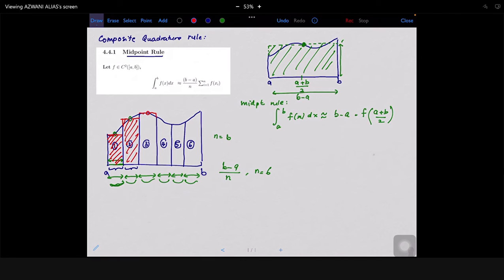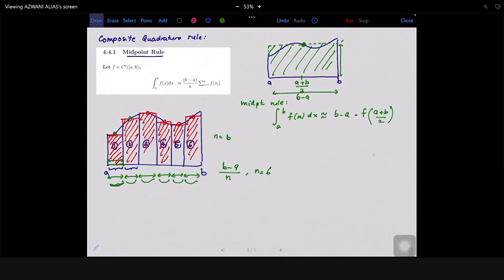Nampak tak? So this the midpoint. Kita akan reduce the error lah. Still ada error tapi makin kecil. So nampak tak dia punya teknik tu for setiap ni cari solve menggunakan midpoint rule. Setiap sub-interval solve menggunakan midpoint rule.